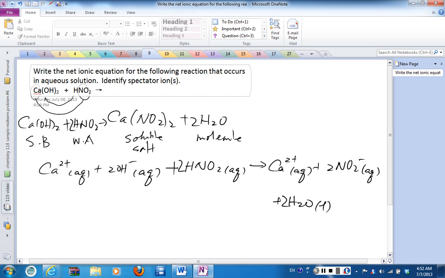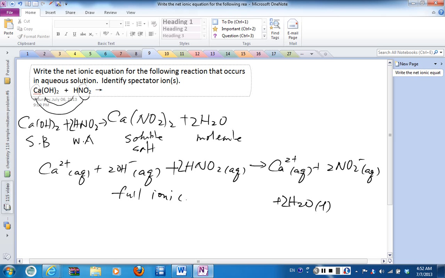Weak acid, molecule were left alone. Now we got a full ionic equation. If we can cancel anything from the full ionic equation, those things would be your spectator ions.